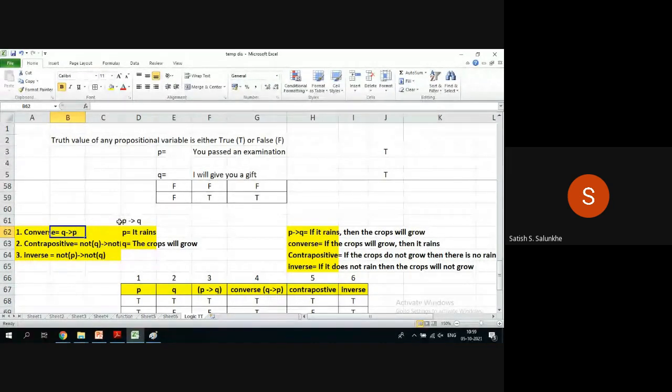Sorry, this is the converse of this. So we say implication is equivalent to contrapositive, and converse is equivalent to inverse. This converse and inverse we are talking about with respect to P implies Q. So hope this is clear.